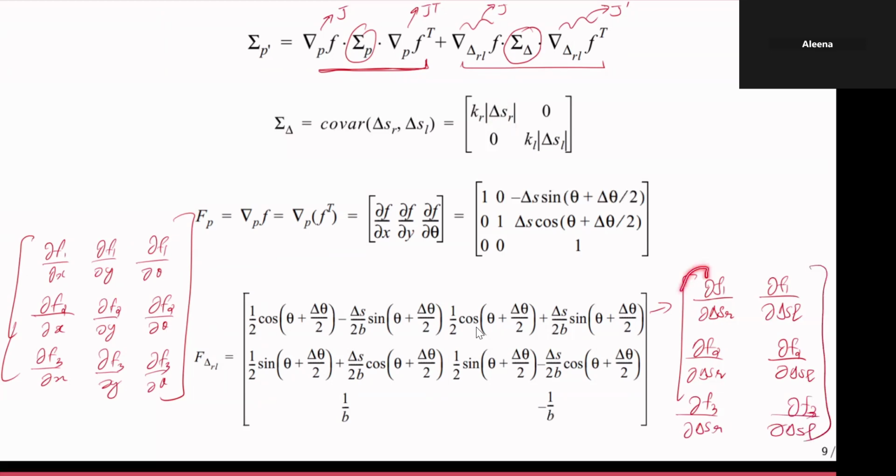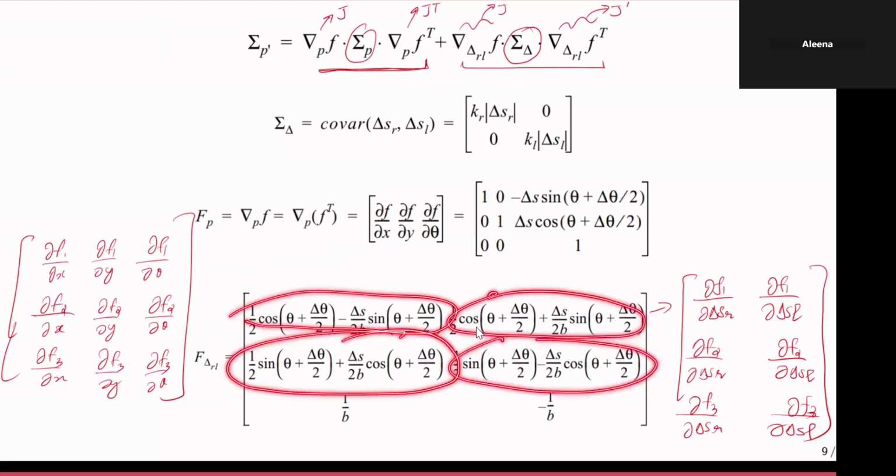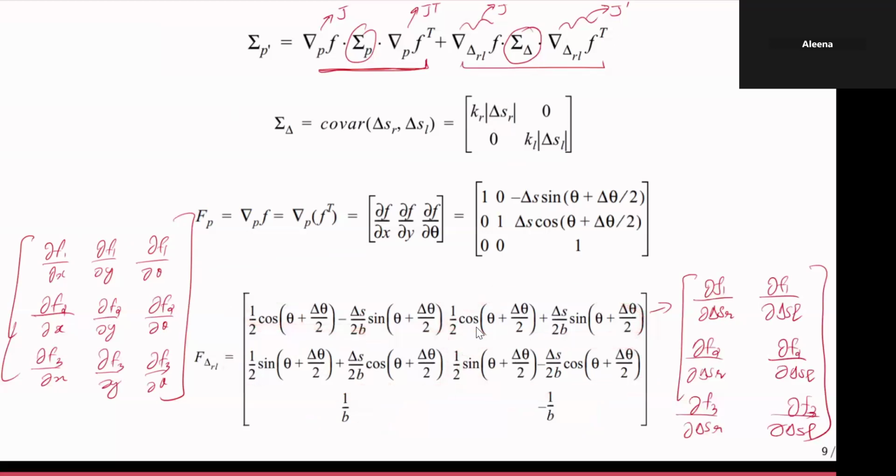So this is a 3x2 matrix. So that is what you are getting over here, right? So once you evaluate these constituent elements, you will be able to get each of these individual terms that is being presented in this matrix actually.